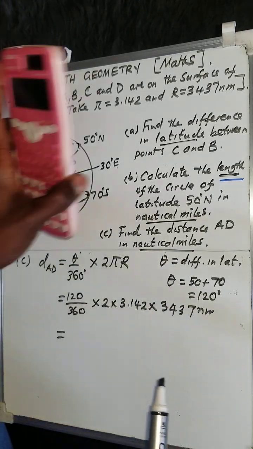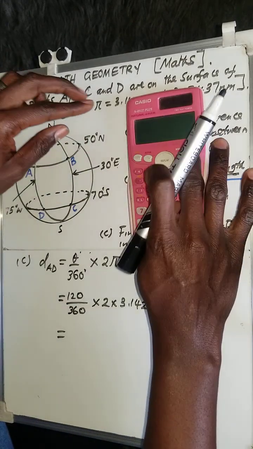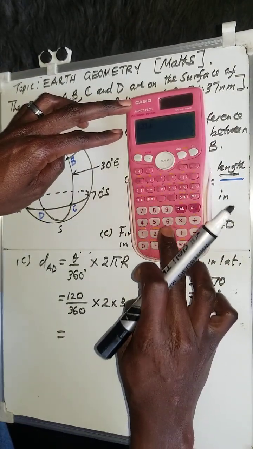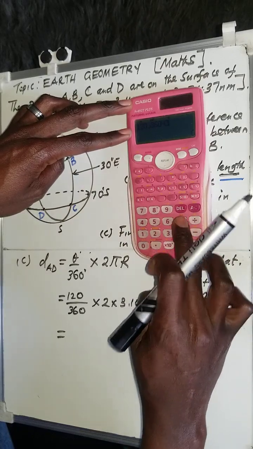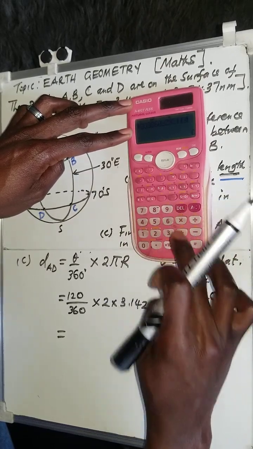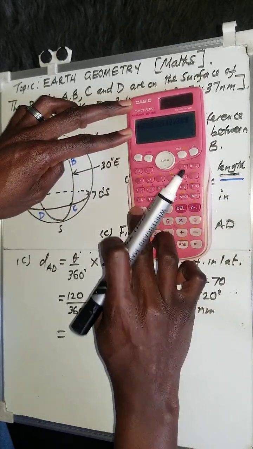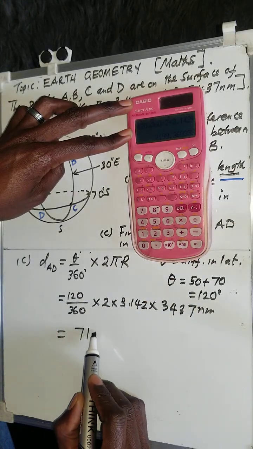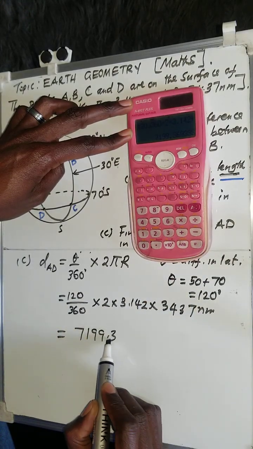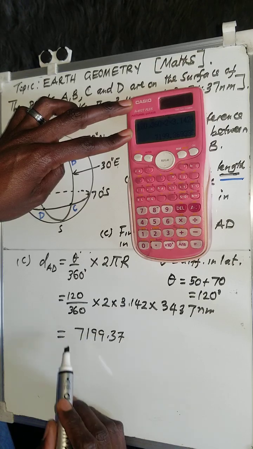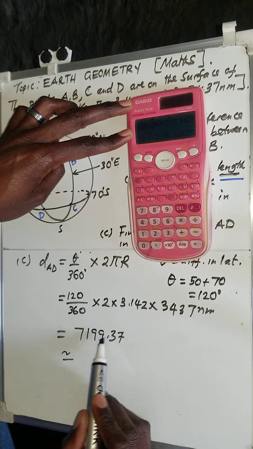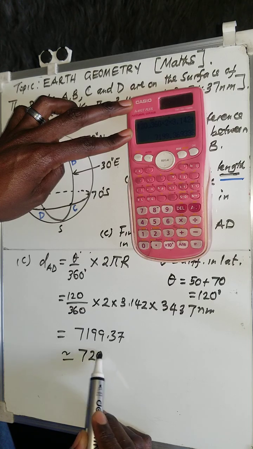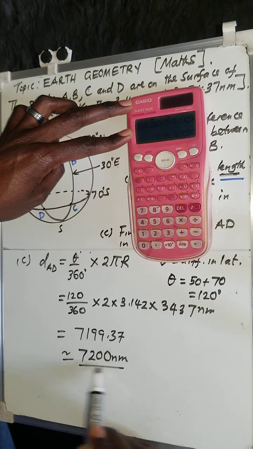So you can please replace that on your calculator. Let's try to compute that. It is 120 over 360 multiplied by 2 by 3.142 multiplied by 37. So what is that giving me? It is giving me 7199.37. Now that one, like I said, is a bit difficult. You can leave it to 2 decimal places, so it will be 7200 in nautical miles.